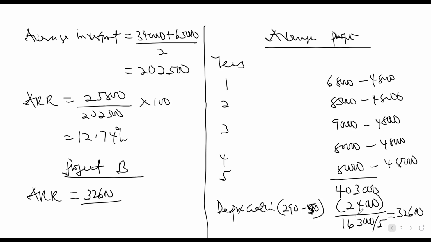The average investment will be what? 170,000. Okay. So 170,000. All of this multiplied by 100. What are we getting?